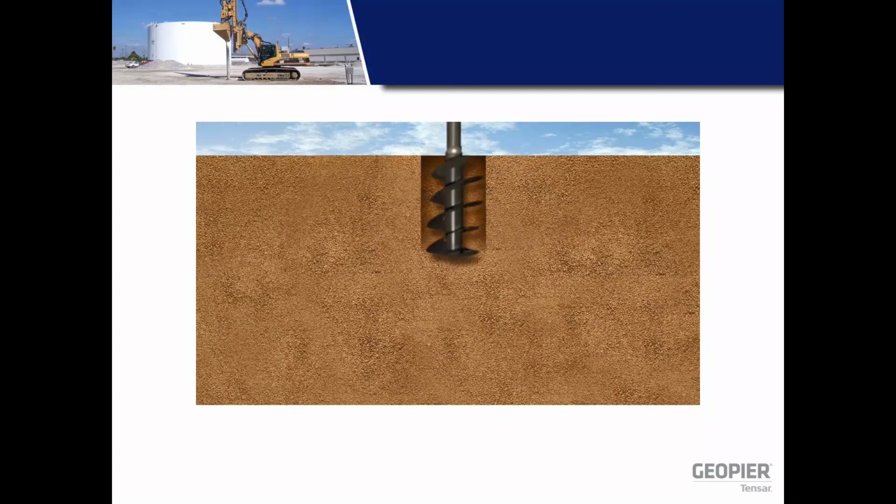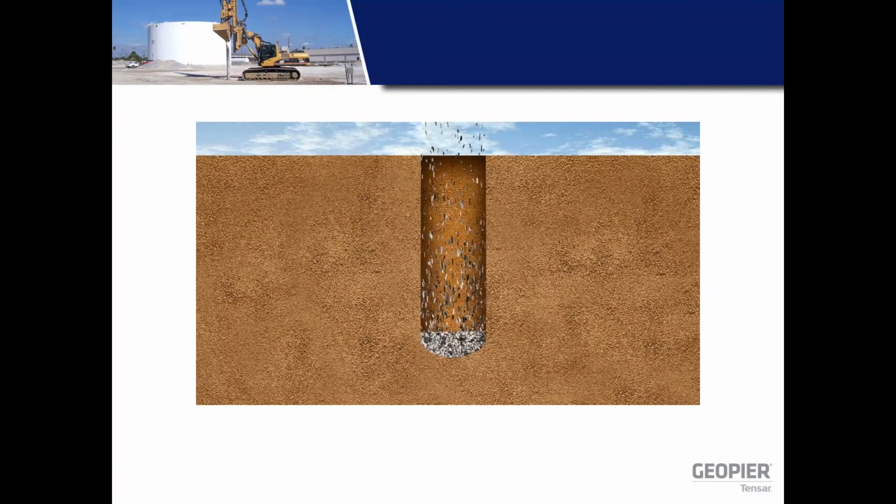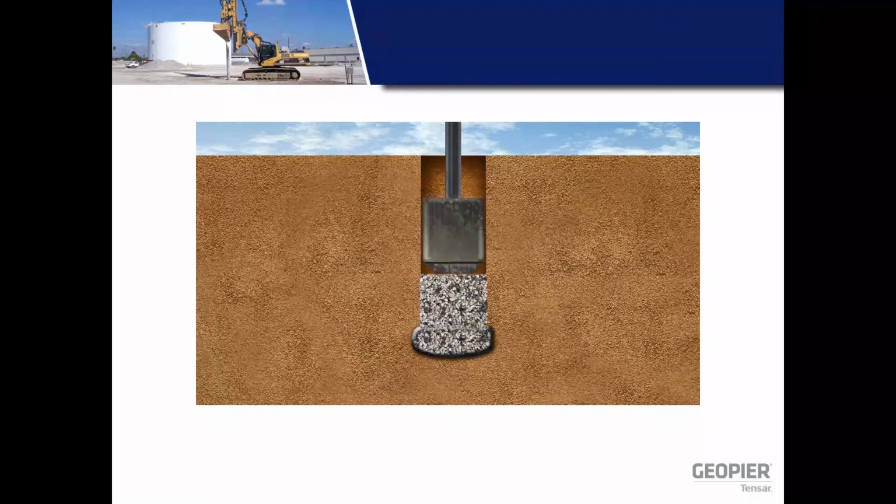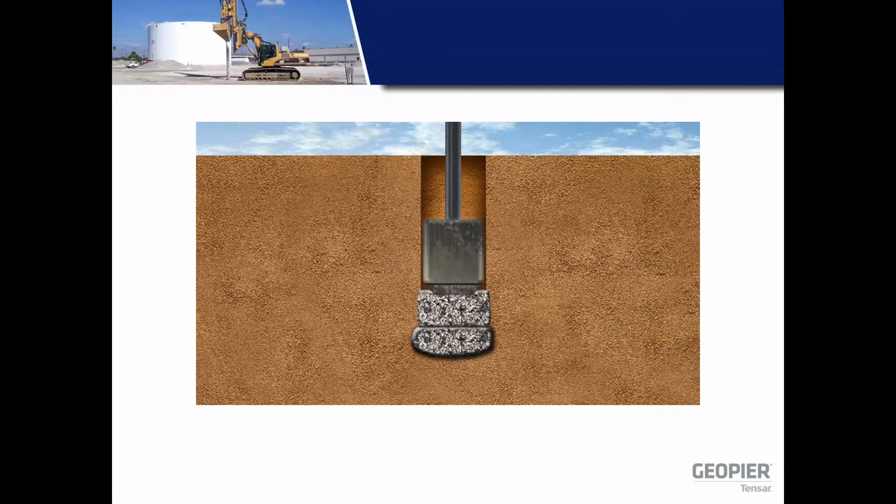It's drilling out a volume of soft and problematic or contaminated soils, dumping open graded stone as a bottom lift and tamping it with a specialty tool, then ramming aggregates into the cavity in thin lifts. What's happening here is as you're ramming the aggregates, it's pre-stressing and pre-straining the adjacent matrix soils.